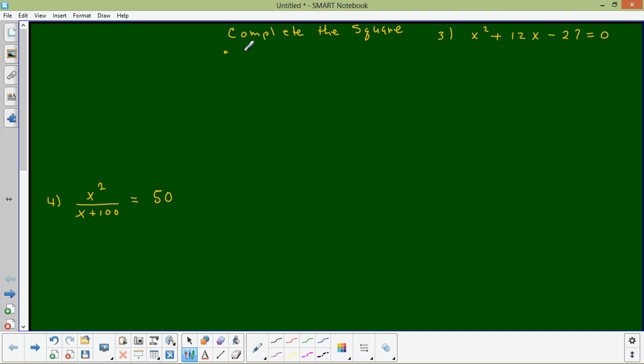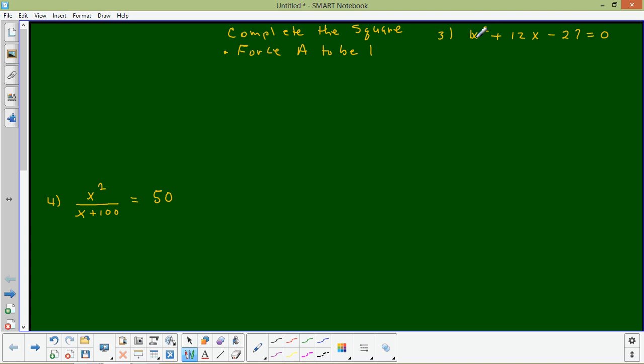And I'll say step 1, you might have seen it differently. I'm going to say force A to be 1. That's your first bullet point on complete the square. And in this case, A is a 1.